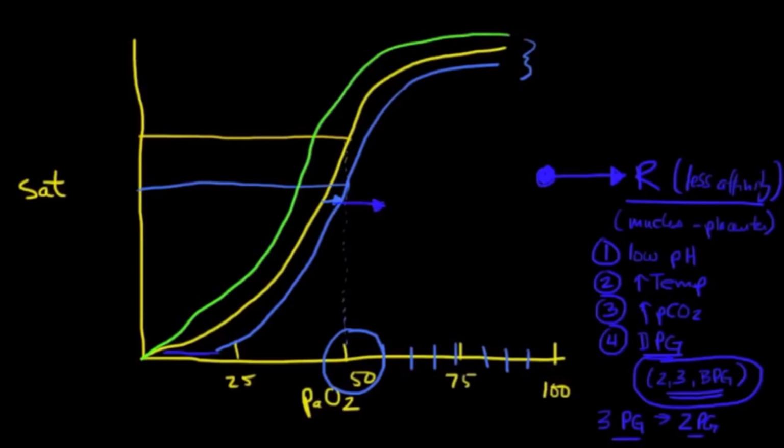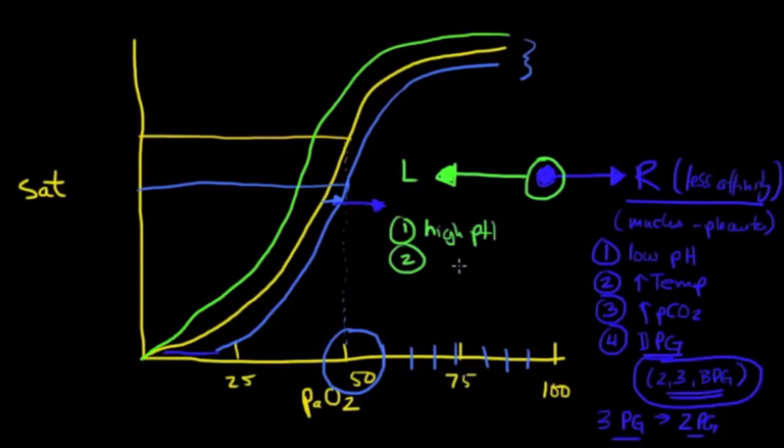Now, what are some things that you would see cause it to shift to the left? These are things that you would see in the lungs. So, for instance, in the lungs, you're breathing off carbon dioxide. You're going to have a low acidity, so you're going to have a high pH.